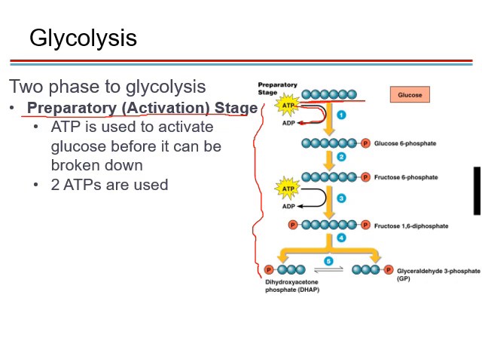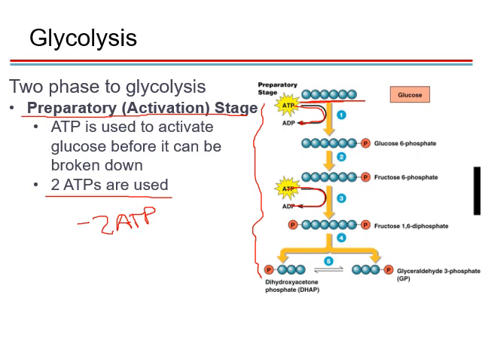Remember, the whole goal of this is to ultimately produce ATP for the cell. But in this preparatory or activation stage, we're actually using ATP. You can see 2 molecules of ATP are used up. So right now through glycolysis we're at negative 2 ATP because we've used them up. We haven't created them yet.